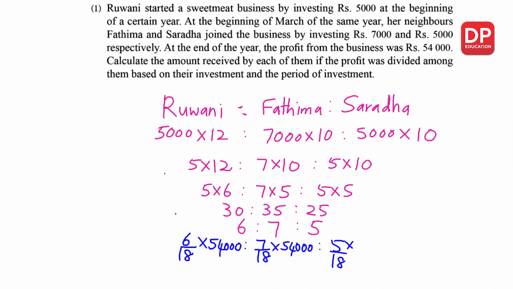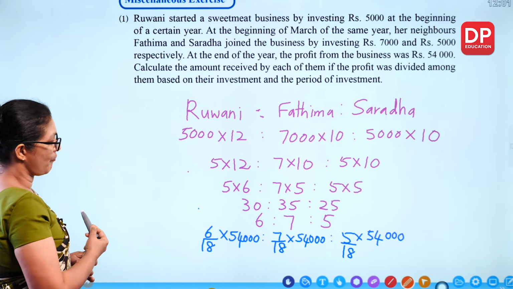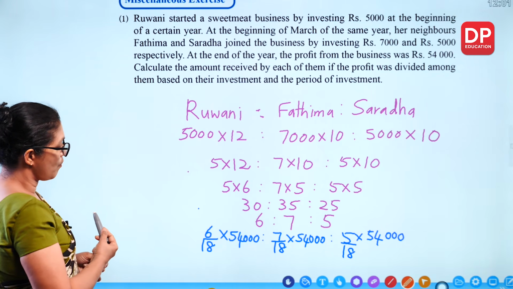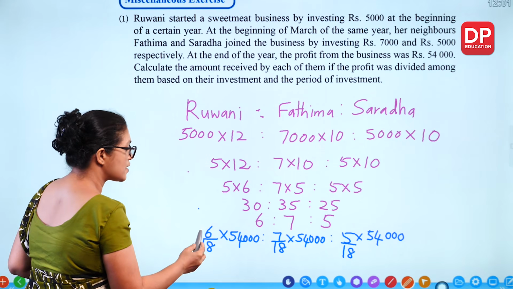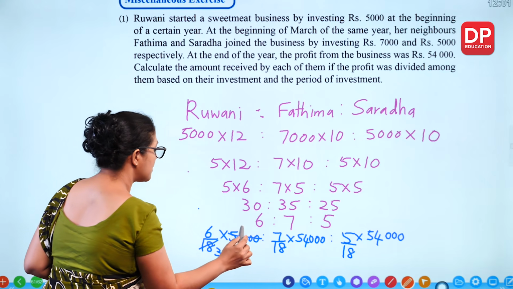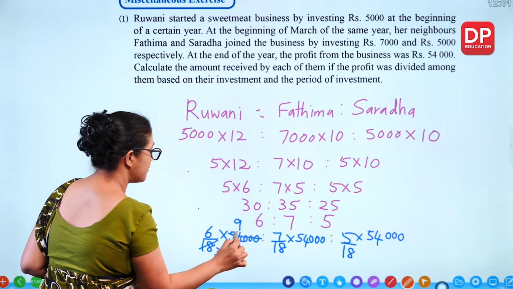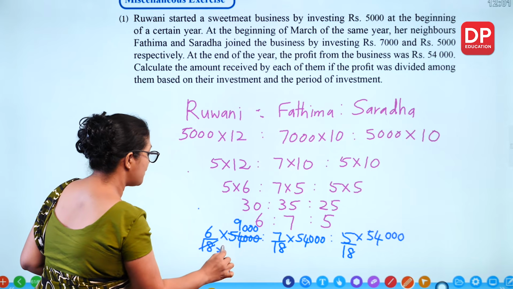So what's the value? Simplify. Divide by 6 first. So 6 times 3, 6 times 9. And divide by 3 again.